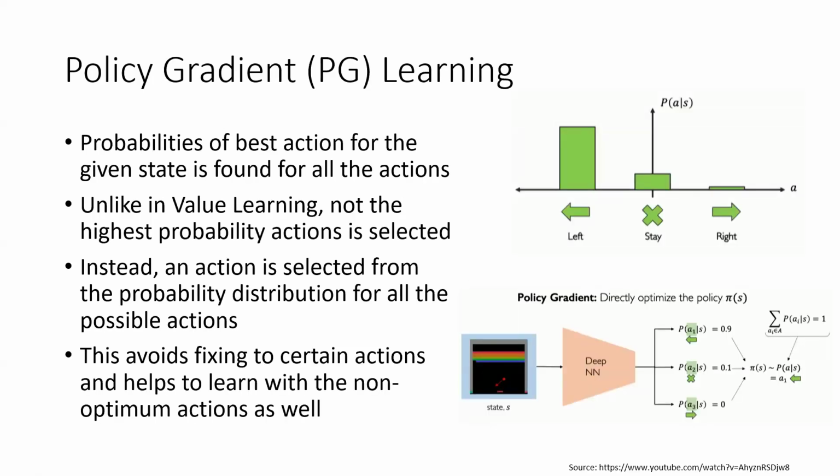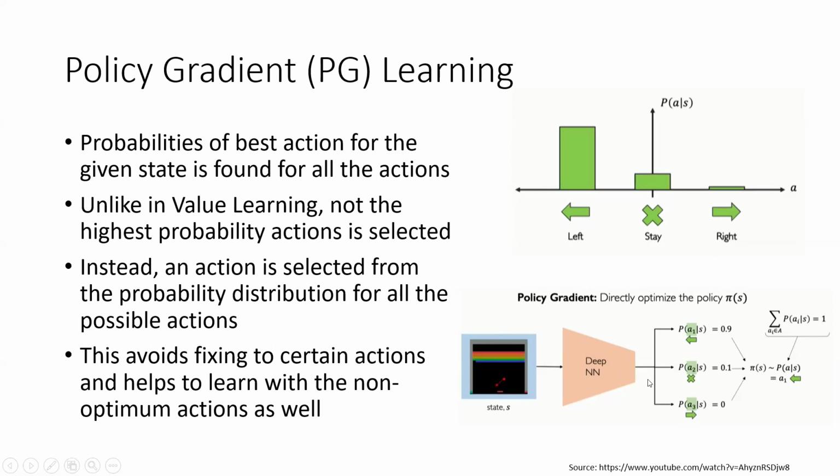So this is now what is meant by policy gradient learning. Instead of having the exact values for exact rewards for each of the states, like moving to the right and a certain value, here we have the reward probabilities.